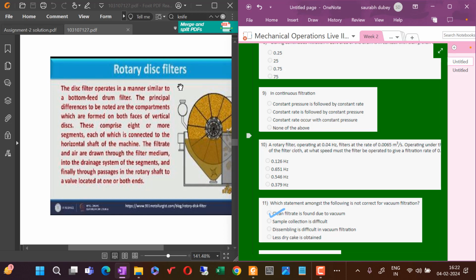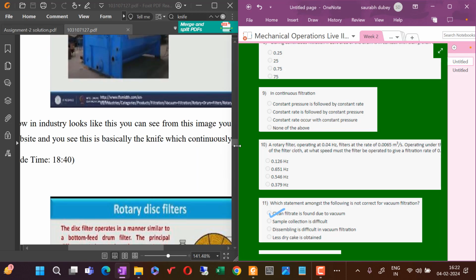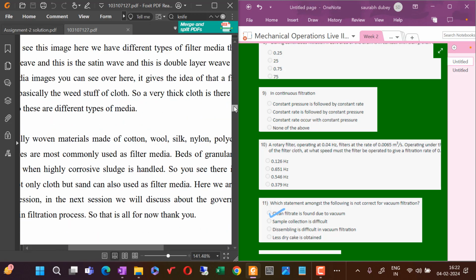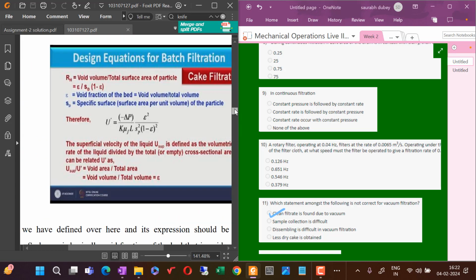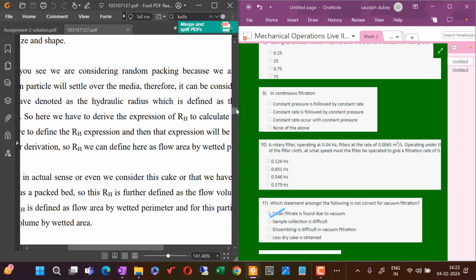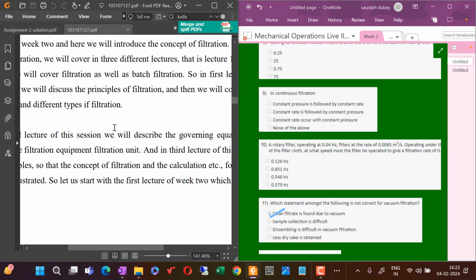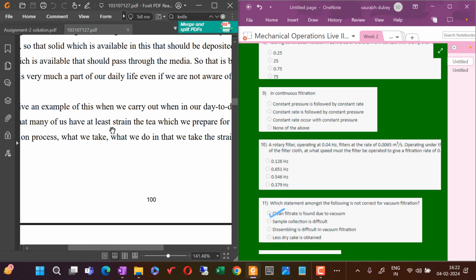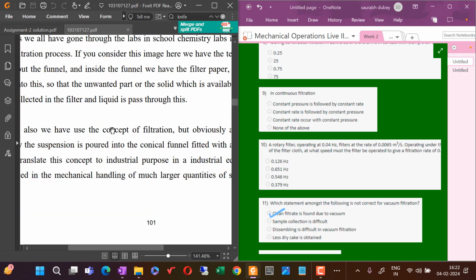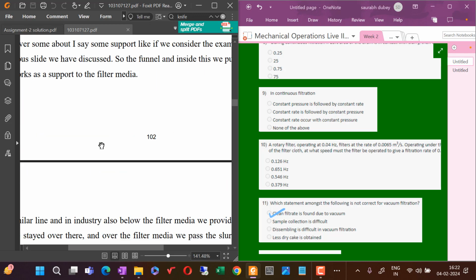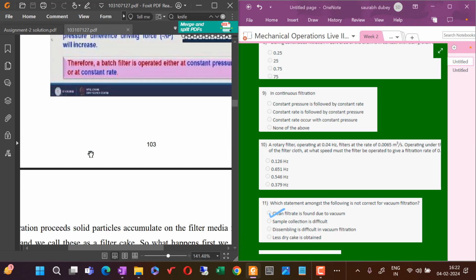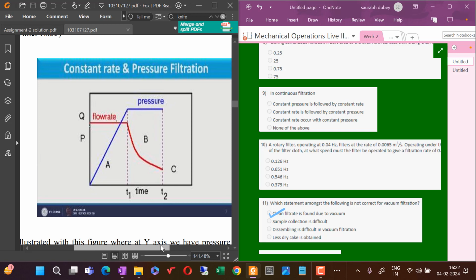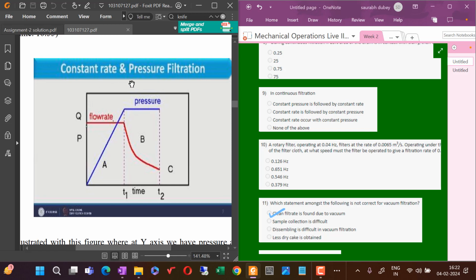If you remember the very first lecture on filtration, there was a plot of pressure and the rate, which showed constant rate and constant pressure filtration.